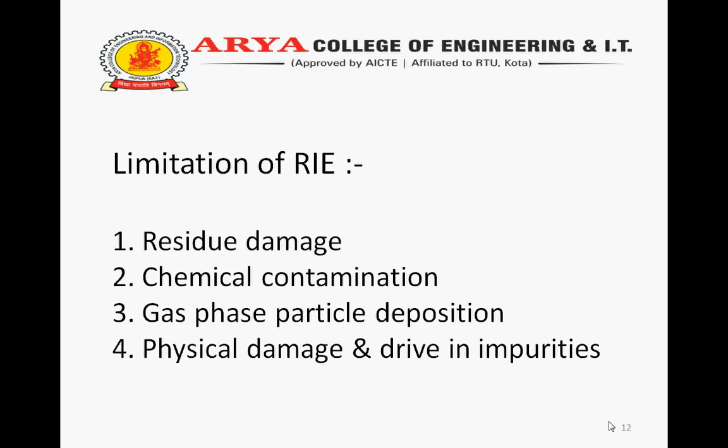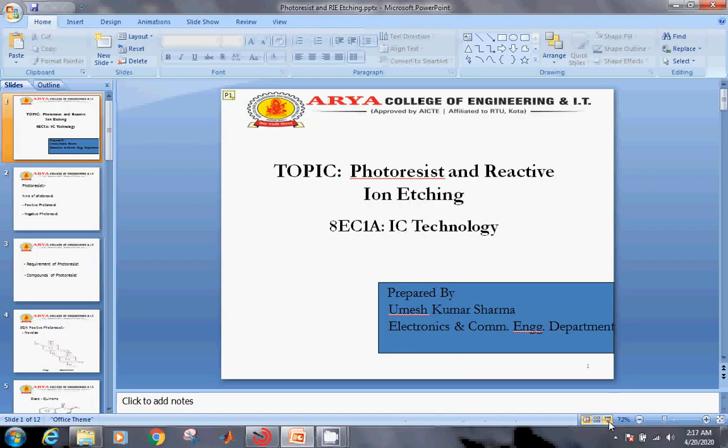RIE processes done in hydrogen environments also have Si-H defects that can be observed electrically as deep as 400 angstrom, and they are difficult to remove. Such problems can be removed by initial cleaning followed by annealing at a temperature of over 800 degrees centigrade. Thank you.